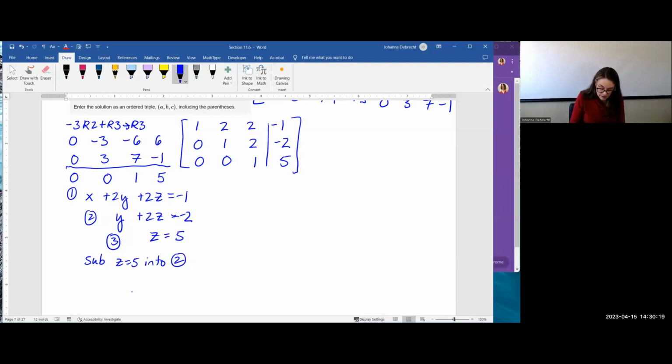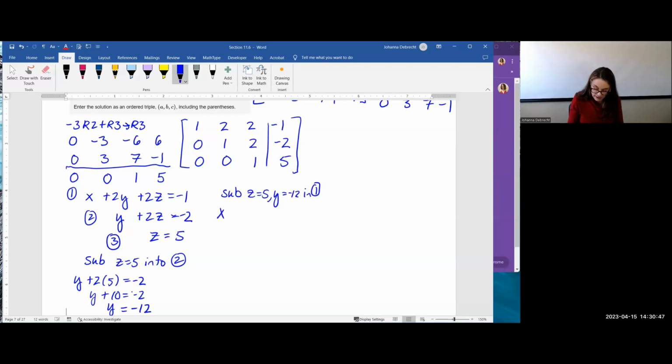So this would give me y plus 2 times 5 equals -2. So I get y plus 10 equals -2, or y equals -12. And then I'm going to sub z equals 5 and y equals -12 in equation 1.